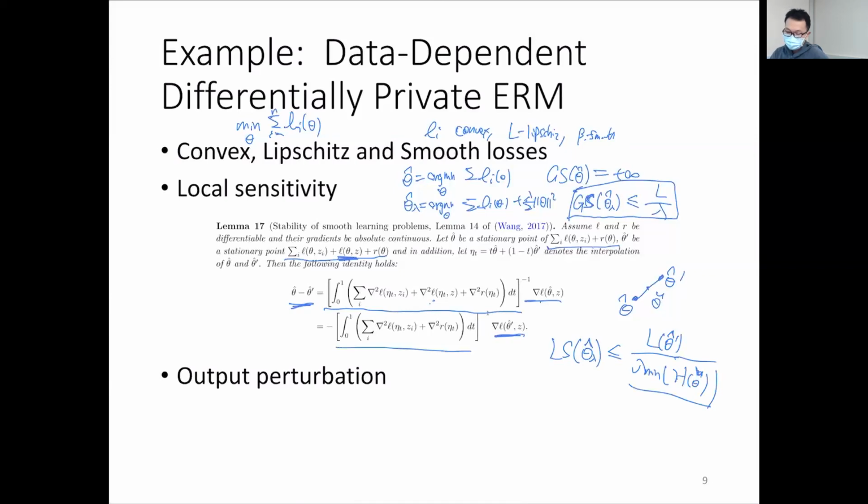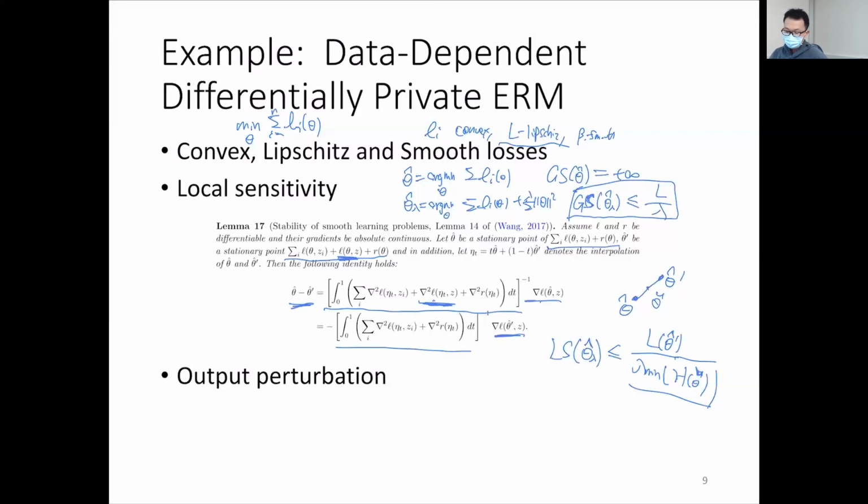Notice that this upper bound doesn't depend on this individual L, because this Lipschitz constant is what we assume applies to all individual L, and this lambda min is the smallest eigenvalue that depends on the data set, not necessarily on this individual data point. Part of it is because this is always positive semi-definite, so adding this is only going to increase the smallest eigenvalue. Therefore, you can drop that and bound the whole thing with this L over lambda min.